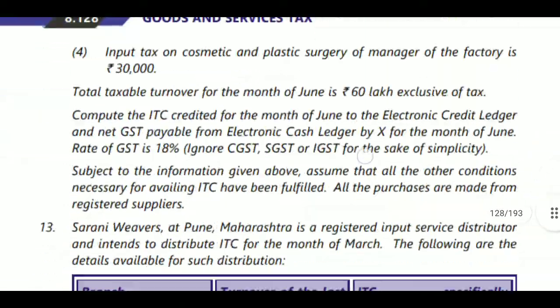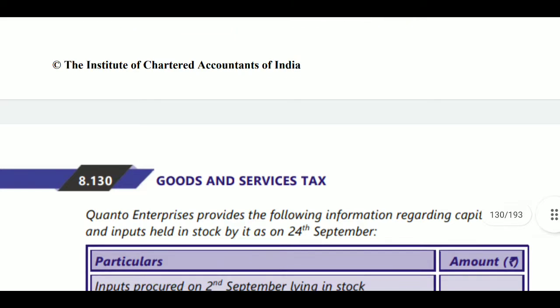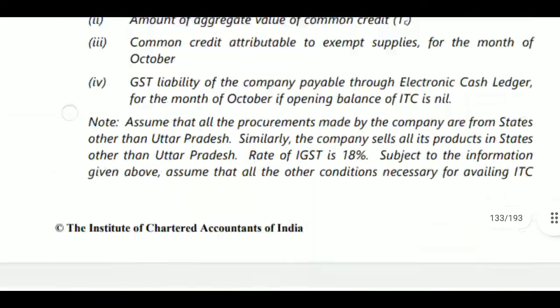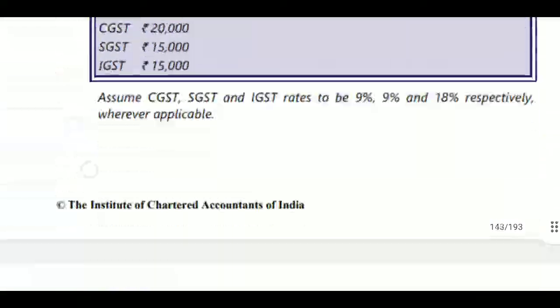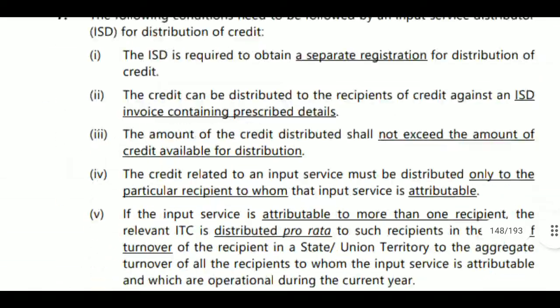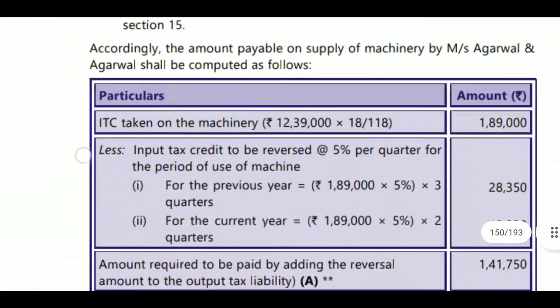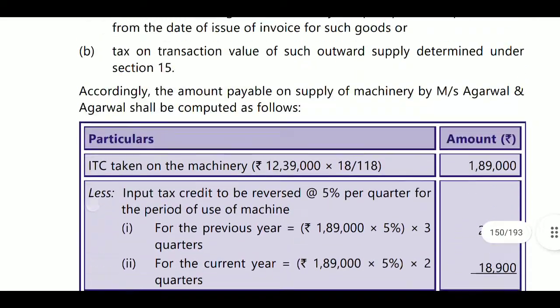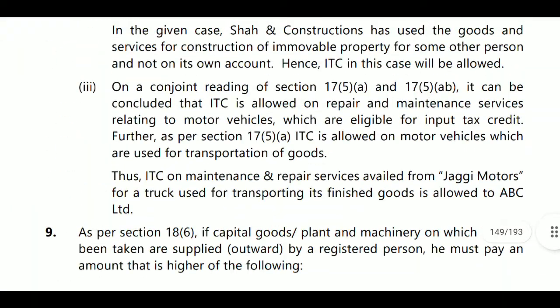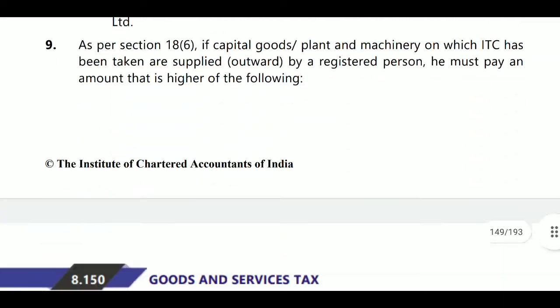So as per 18(6), if any capital goods or plant and machinery on which ITC has been taken by the person is supplied, he must pay the tax of the higher of two amounts. Two means what? One is related to 5% ITC reduction.